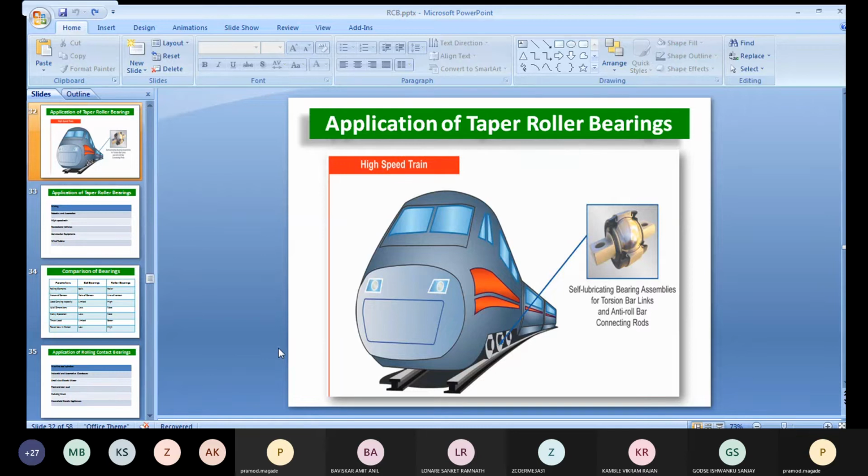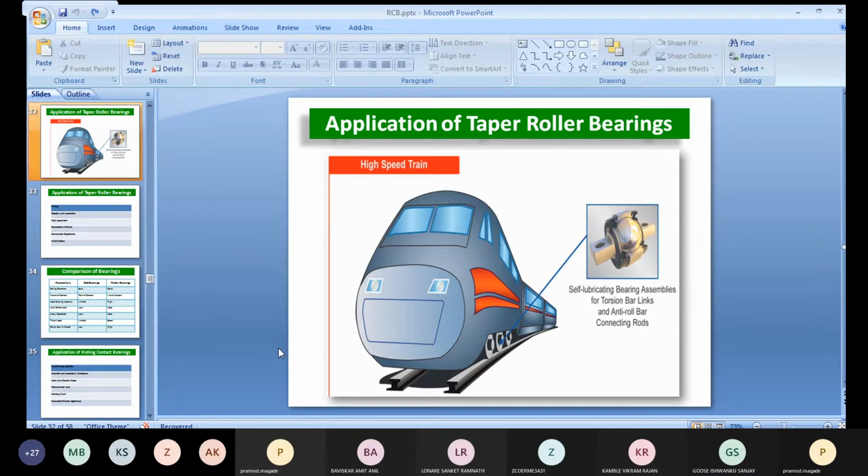Now, in case of high speed trains, there are bearings because the wheels are situated over there, and for that the bearings are used. Generally, ball bearings don't work there because you can see the one bogie has some length, some width, some volume with weight. To sustain that, it can be arranged by the taper roller bearing.